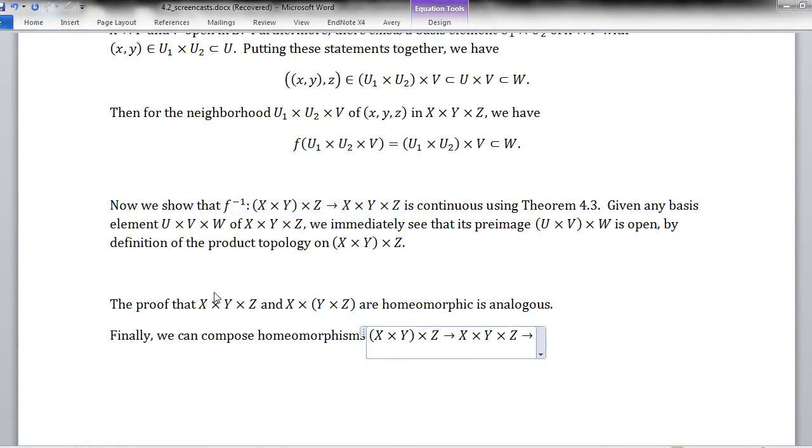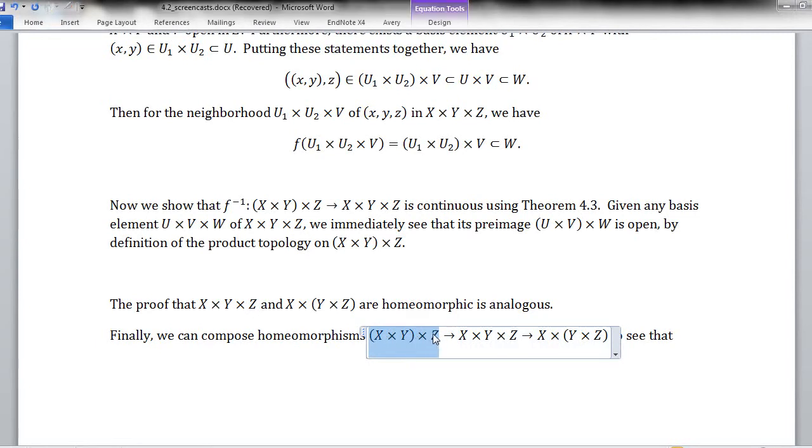And then, supposing we've proven that these two spaces are homeomorphic, we could compose with a homeomorphism to this space. Okay. Well, and then we have the composition of two homeomorphisms. It's certainly homeomorphic, right? The composition of continuous functions is continuous, and composition of two invertible functions has an inverse. And okay, the inverse is going to be composition of two continuous inverses, so it's going to be continuous as well.